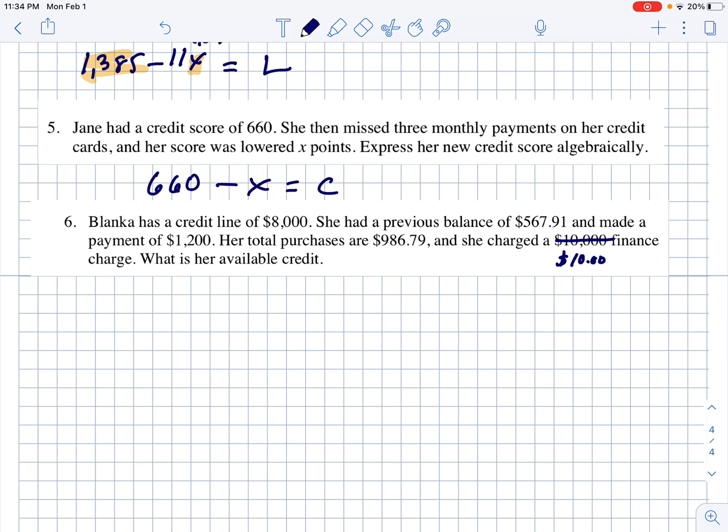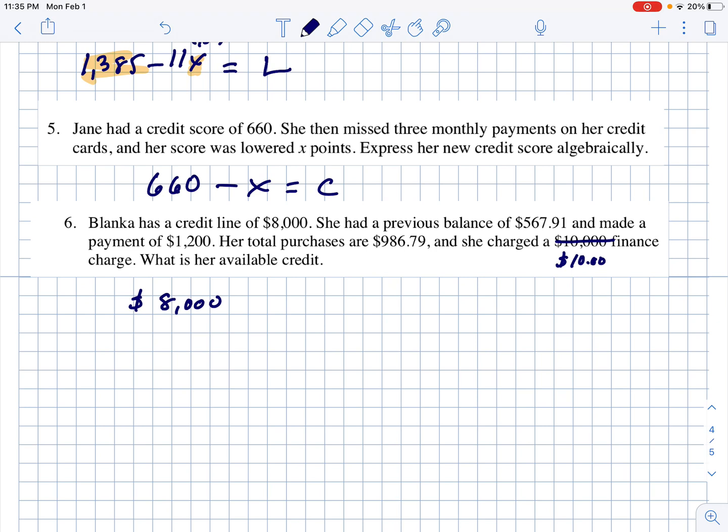So here we're going to take 8,000, subtract the previous balance of $567.91.